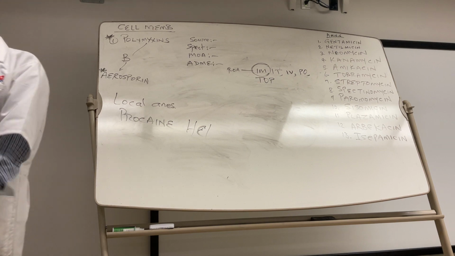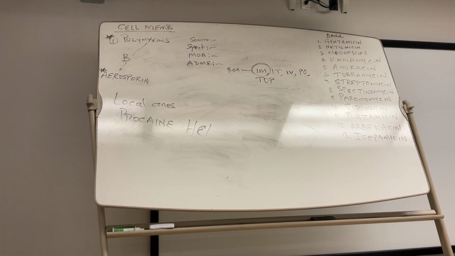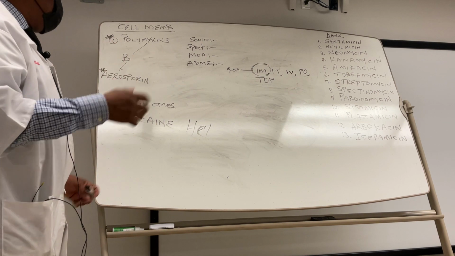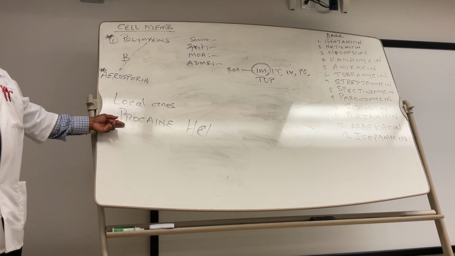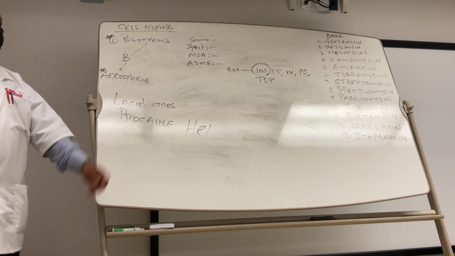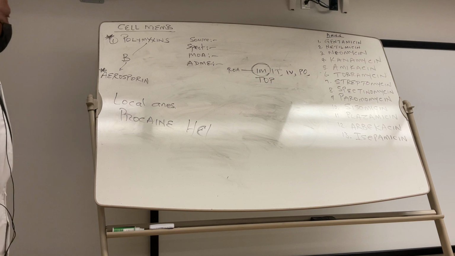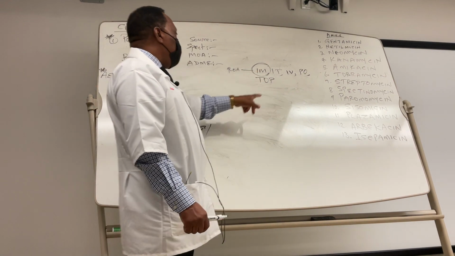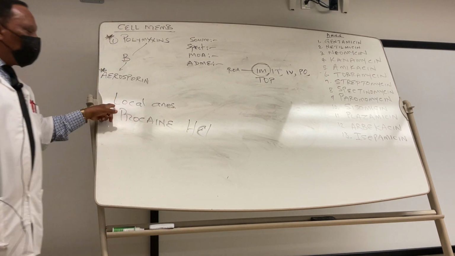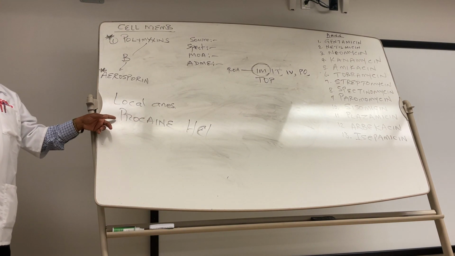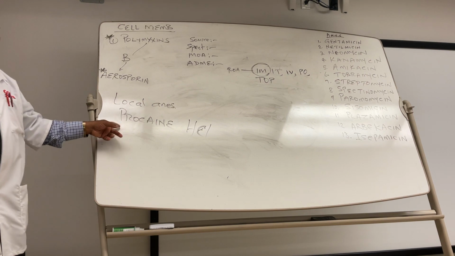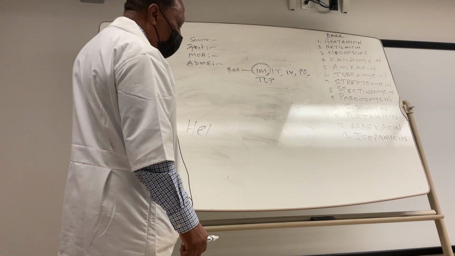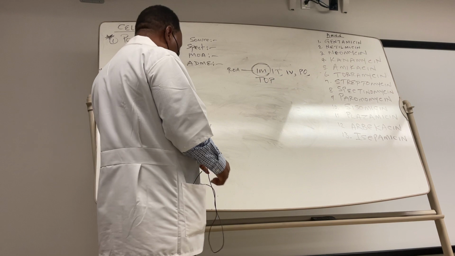And that would reduce the incidence of pain at the injection site, and it would also reduce the incidence of tissue damage at that injection site. So if you want to give it by injection, IM is preferred, and when you give it IM, you give it concurrently with 1% Procaine hydrochloride, which is a local anesthetic agent.